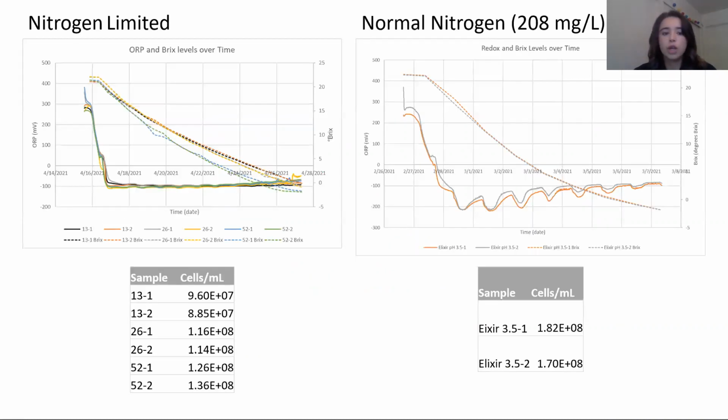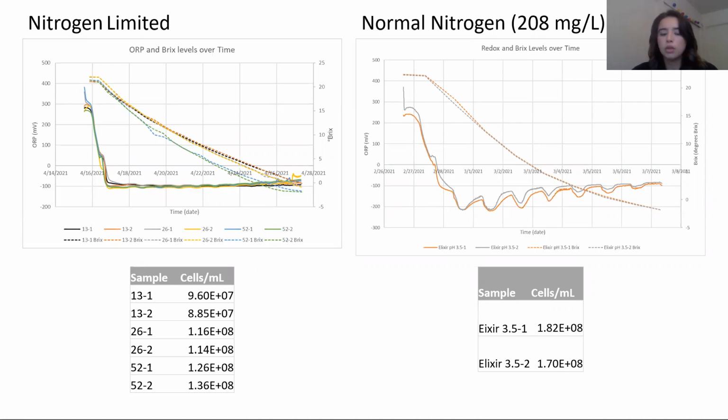We see that in a run with the same pH of 3.5 and a normal nitrogen content of 208 milligrams per liter, the fermentation proceeds faster, as well as the minimum redox level being much more negative at negative 200. So this one is at 100, which would be up here, and it goes all the way down to negative 200 at the normal nitrogen concentration.